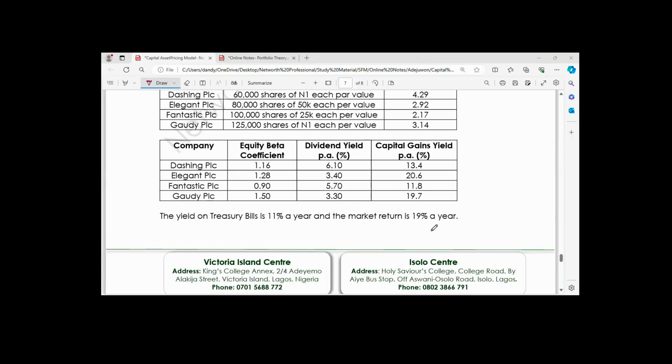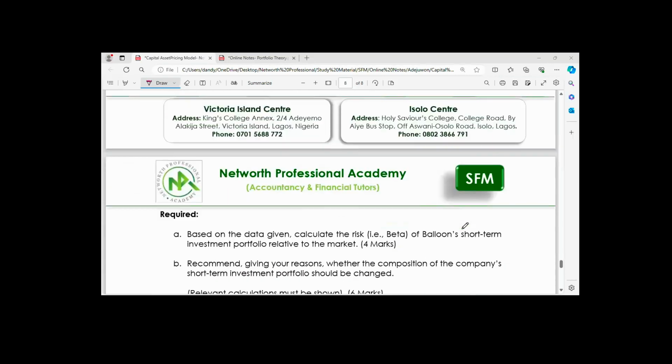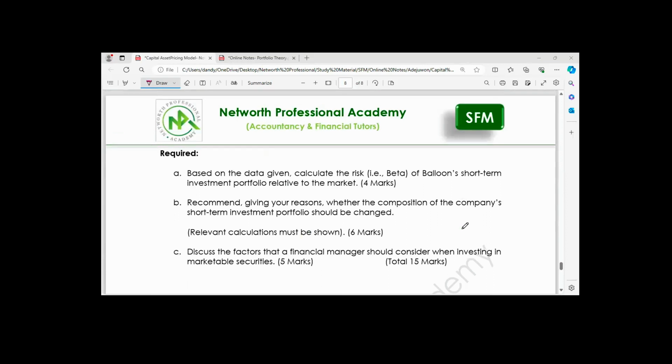The yield on treasury bill is 11% a year, and the market return is 19% a year. Required: A, based on the data given, calculate the risk, that is beta, of Balloon's short-term investment portfolio relative to the market.